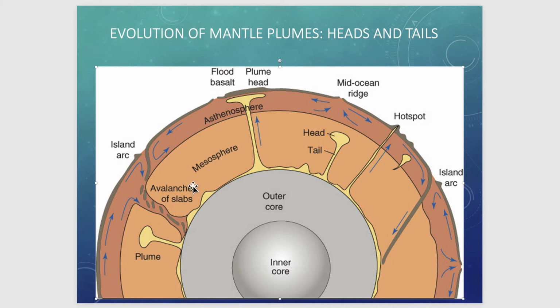Other things that are of interest is this other process. So you see this mushroom-like bulbous head extending laterally, and this sort of justifies the extent of flood basalt provinces.